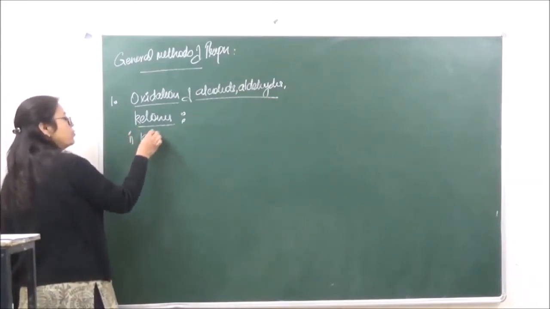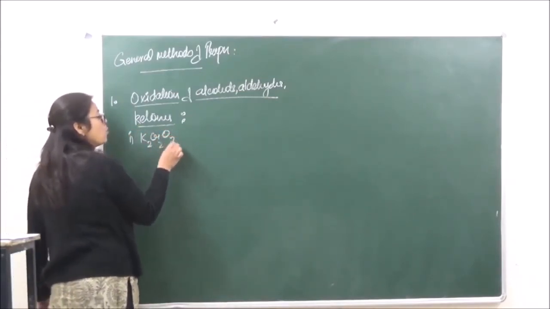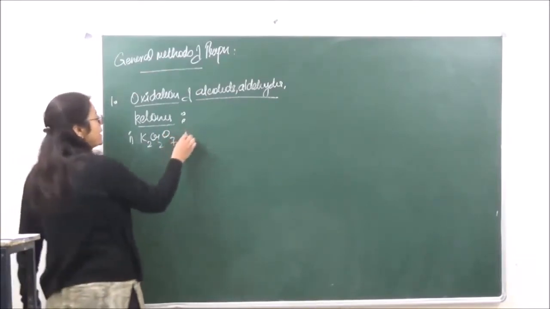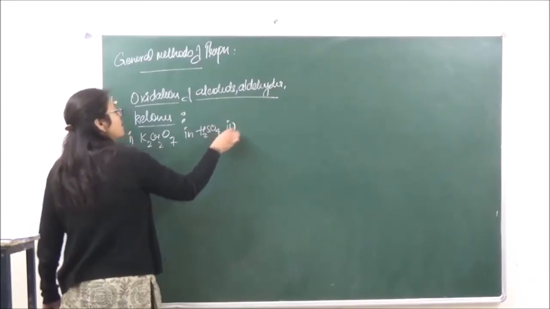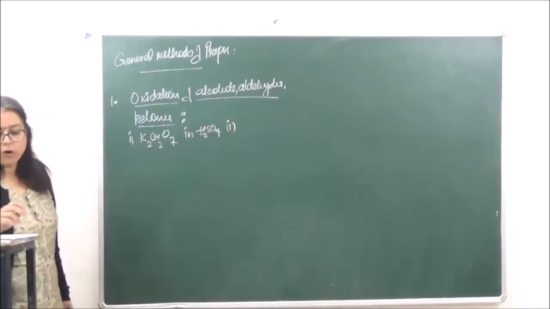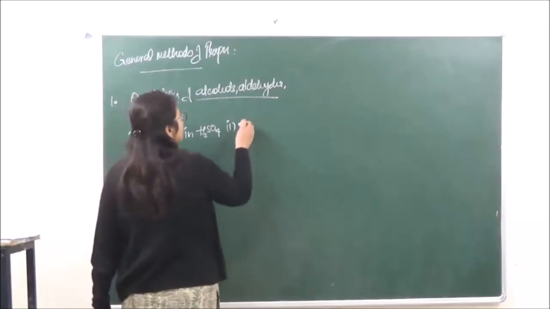which we are going to use is K2Cr2O7, potassium dichromate in sulfuric acid, or we can use KMnO4 in alkaline or acidic medium.